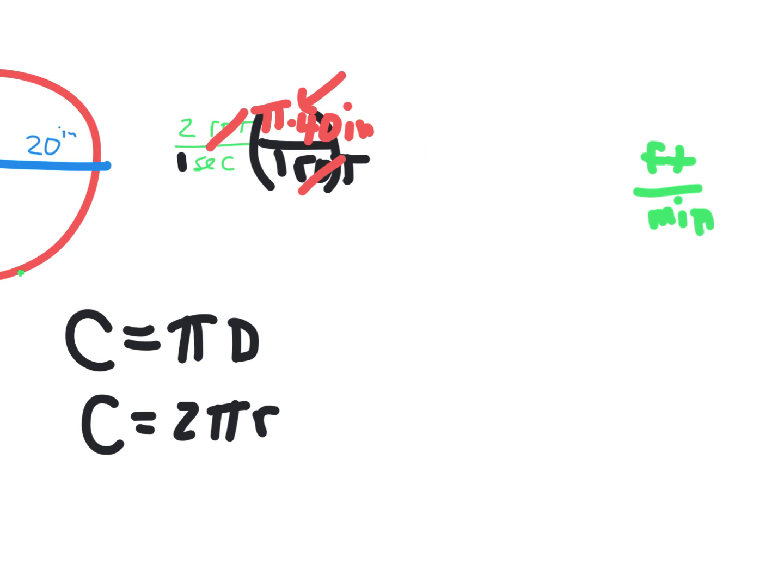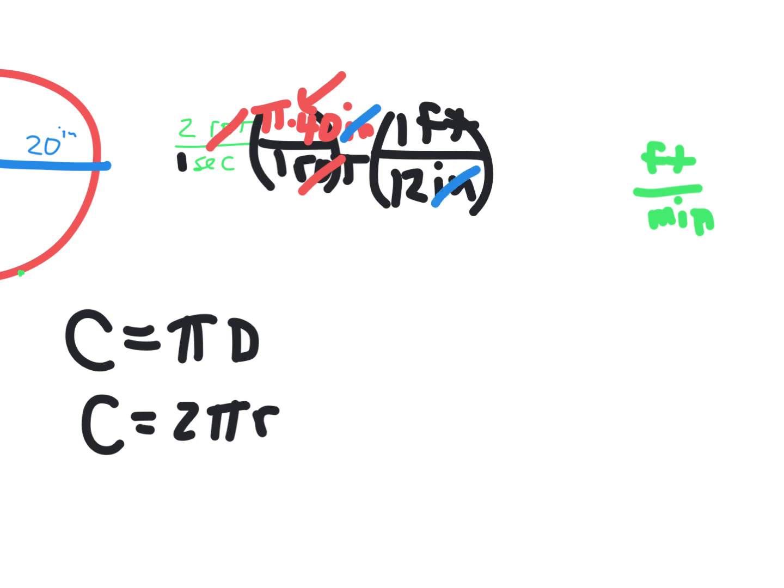I now have to multiply by a few other things to clear my inches. My inches I want to be gone, so I'm putting them there. And then what's a thing I want to replace it with? I want feet. Oh, 1 foot, 12 inches. Awesome. Now my inches canceled. Now I got feet per... Ew, what is that?